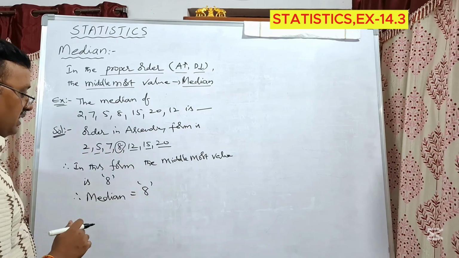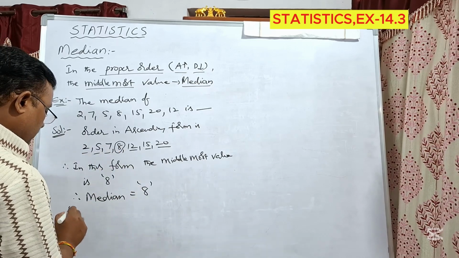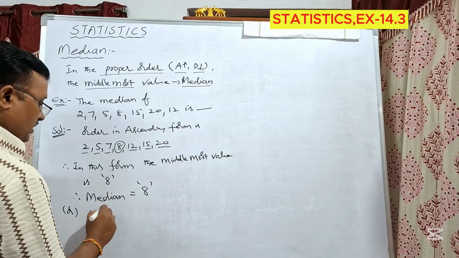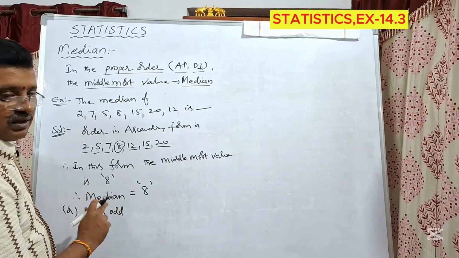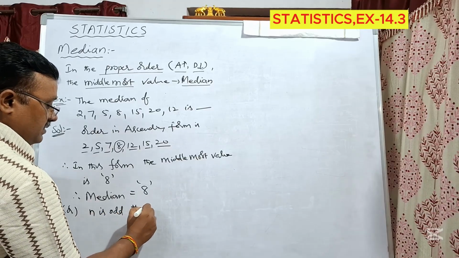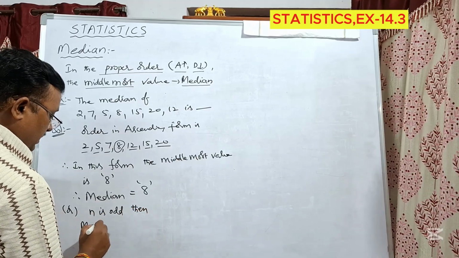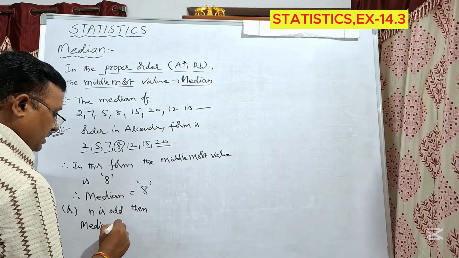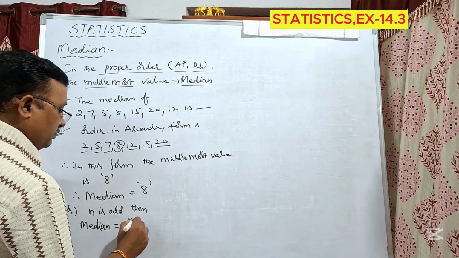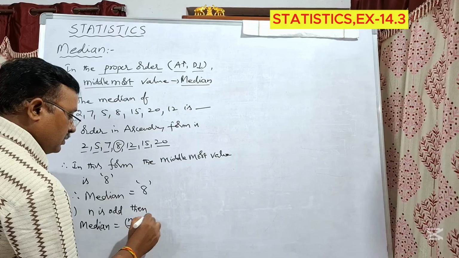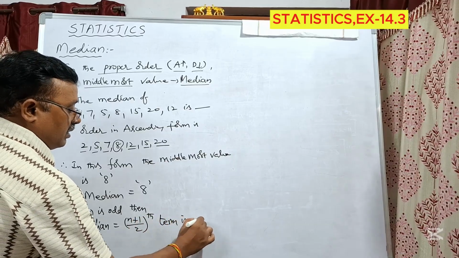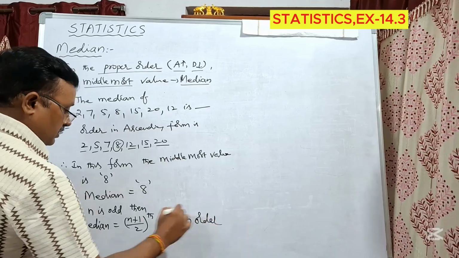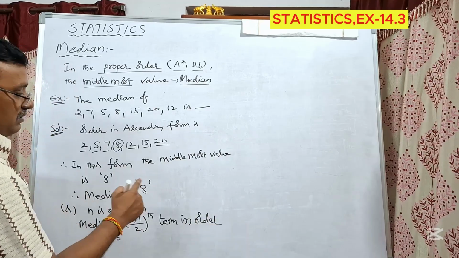What is the actual way? If n is odd, the number of observations is odd, then median is equal to the (n plus 1) by 2th term in the proper order. Here n value is 7.